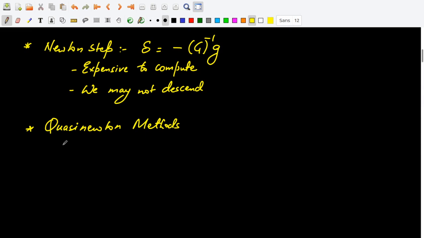The general scheme is that at the kth iteration we pick a direction Sk similar to Newton's method, but we don't really use the Hessian inverse. We use the matrix H, which is positive definite, and this ensures that Sk is a direction of descent.